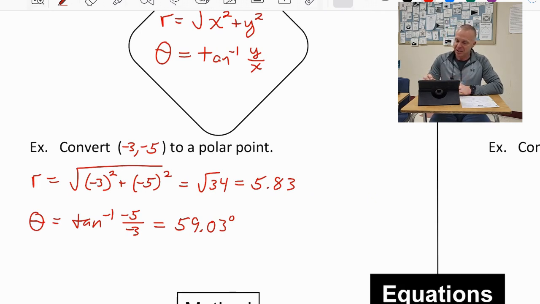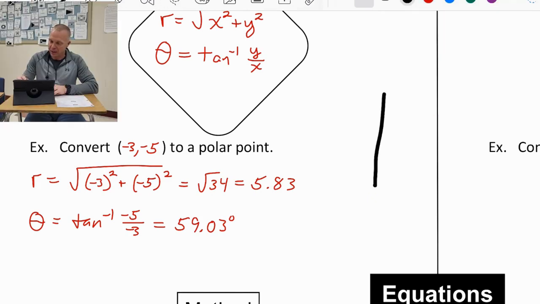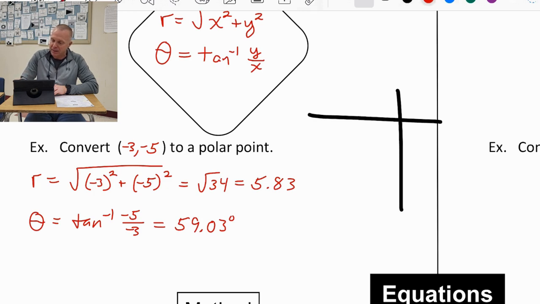Well, let's take a look at the sketch. Okay, let's take a look at the point -3, -5. It's just a little sketch, but that gets me in the ballpark of this space. Again, that's the point -3, -5.